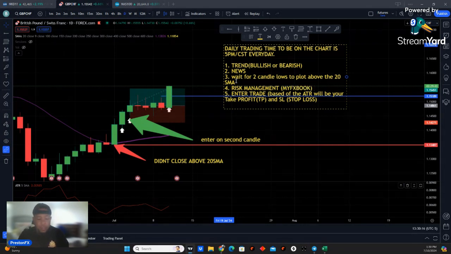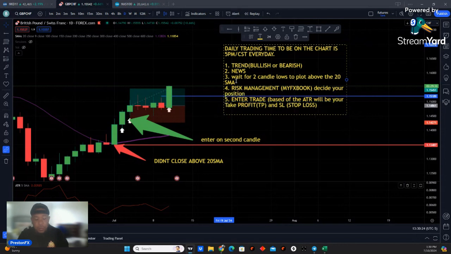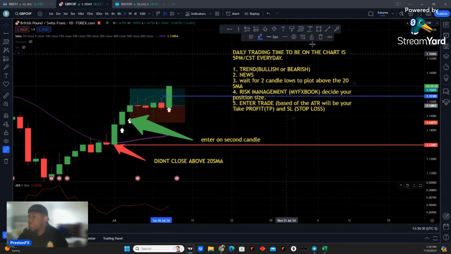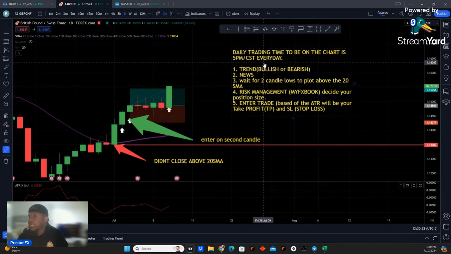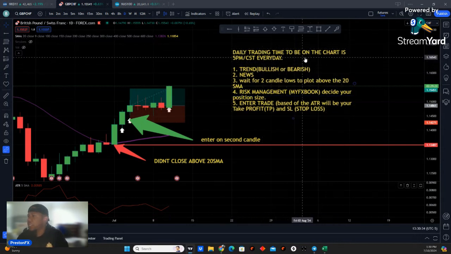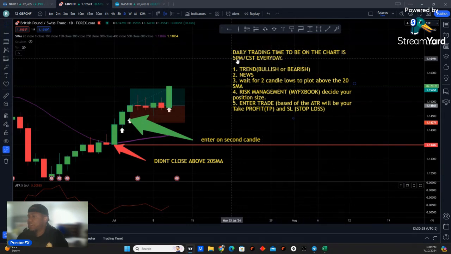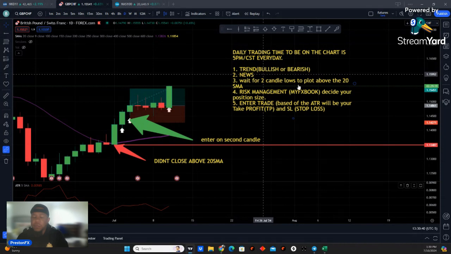Decide your position size. Does that make sense? So let's get rid of this. So daily trading time frame, the time to be on the chart is 5 p.m. Central Standard Time.